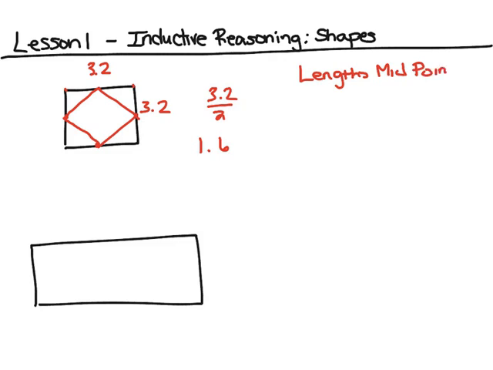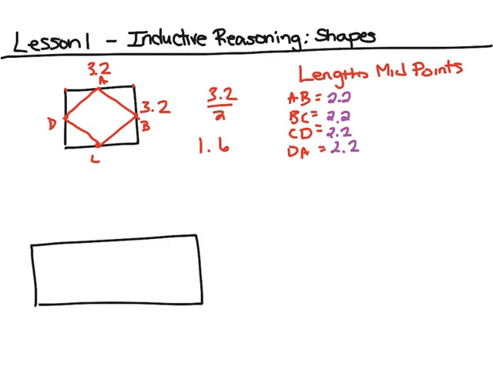And we're going to call the midpoints A, B, C, D. So find AB, BC, CD, and DA. If you measured properly, you should have got 2.2 centimeters.